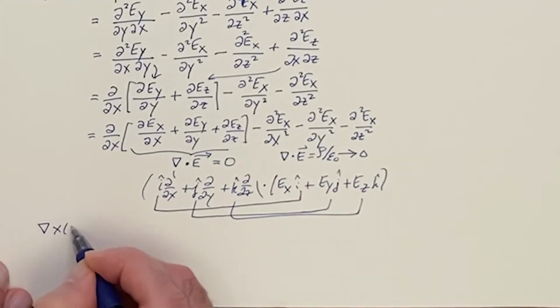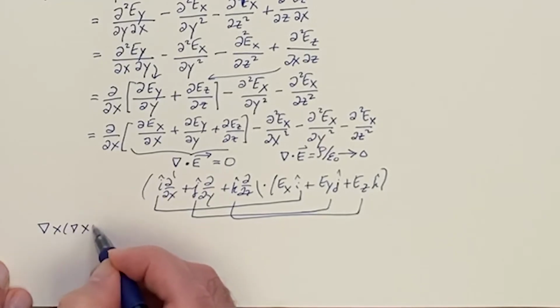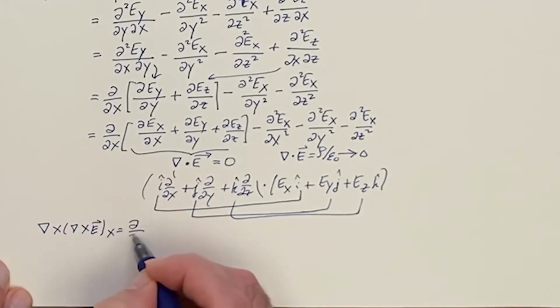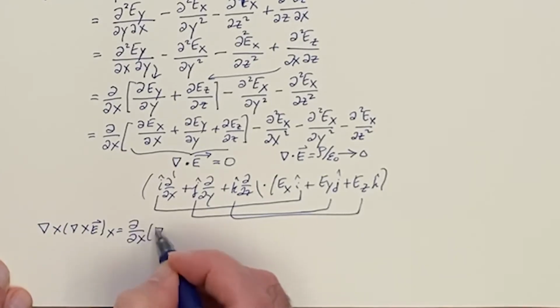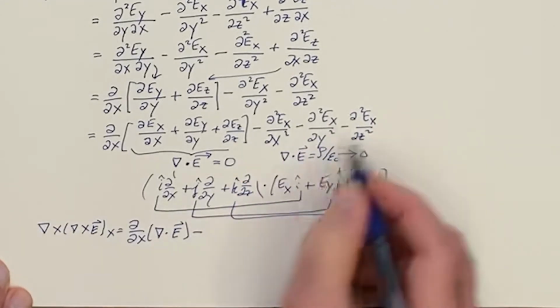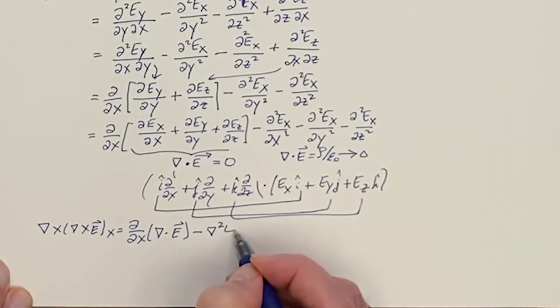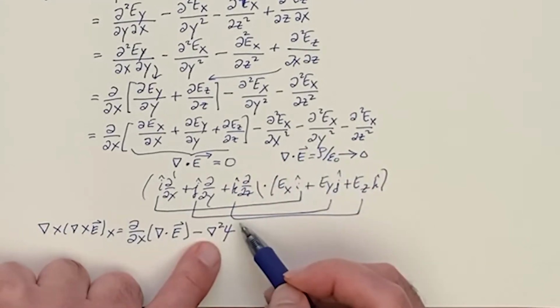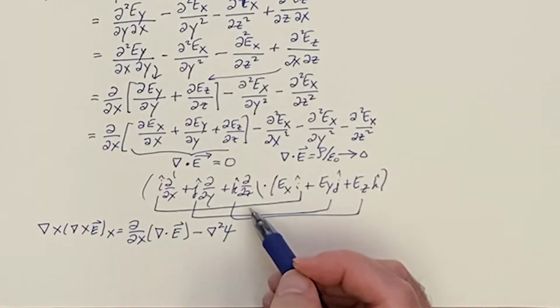This is del, this curl of a curl. The x component is partial with x, the divergence, minus, but see, what that is is the Laplacian working on that, which we saw earlier.